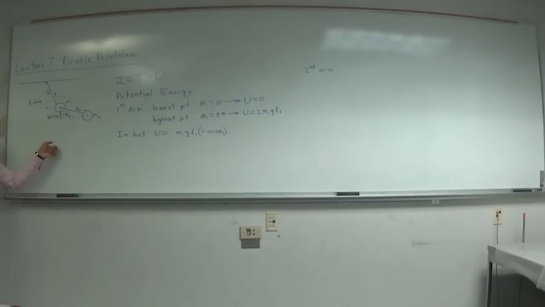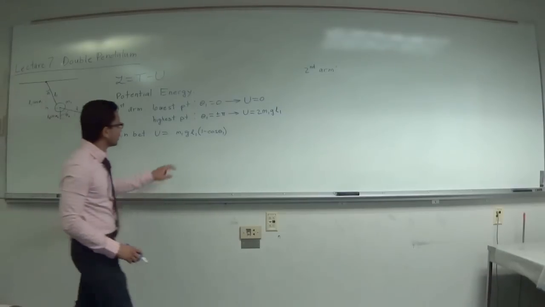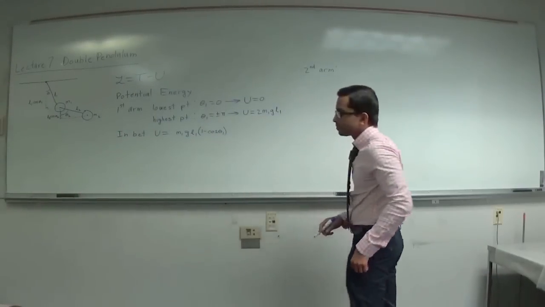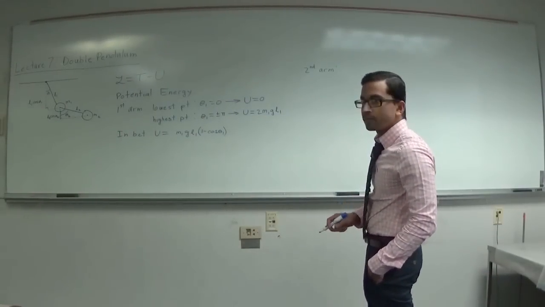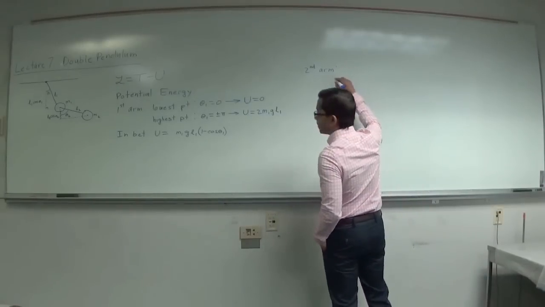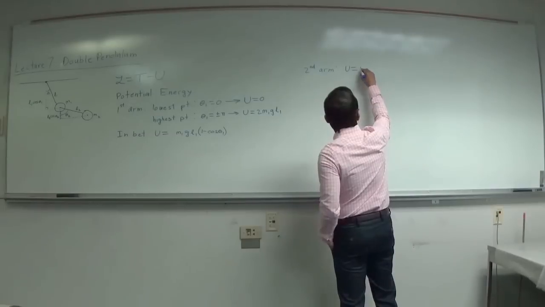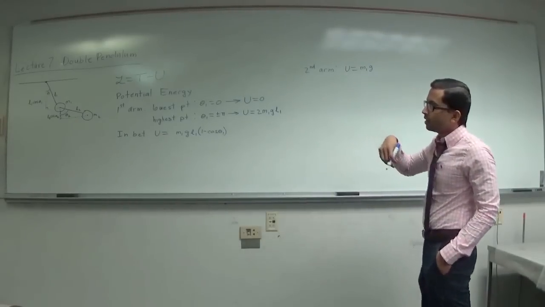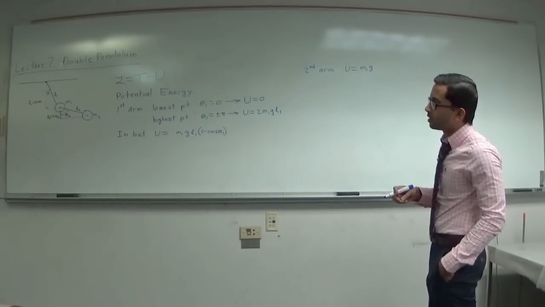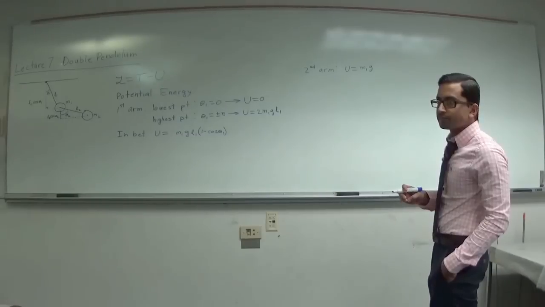So we're going to do the same sort of thing. At the lowest height it's 0. So what is it going to be then? U is going to equal m1 g, and then L1 plus L2.